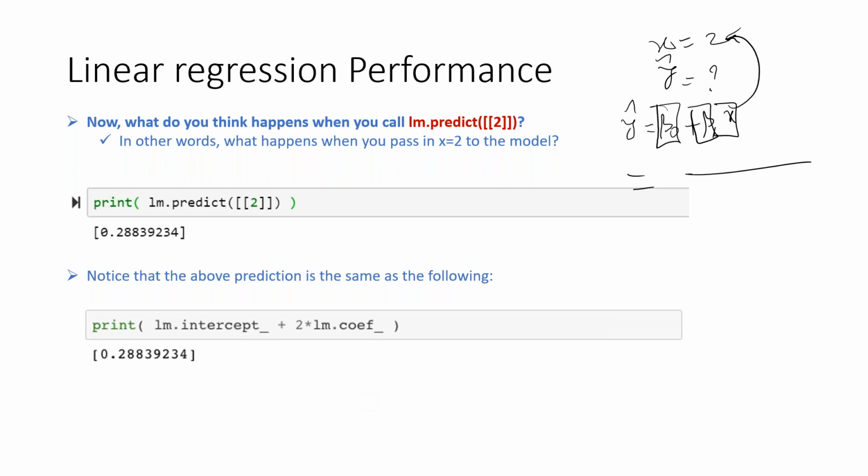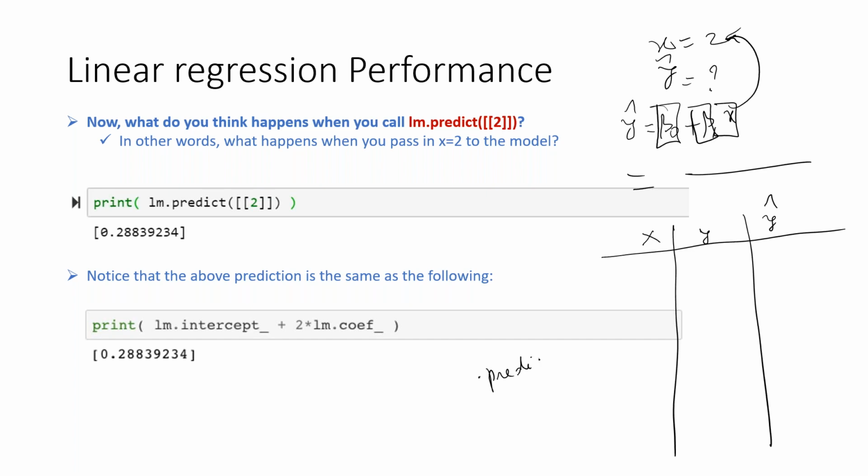It calculates y hat. But now I have a table of x and y, and for the same x, not unseen x, I also want to calculate y hat. If I want to overlay the plot, then I will call the predict function and pass my features.